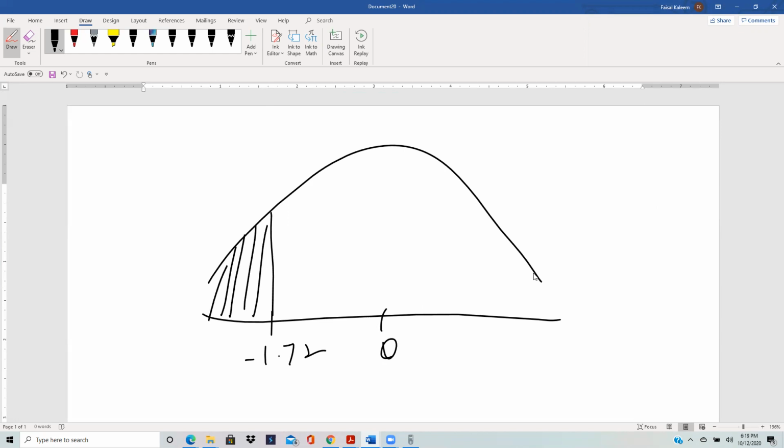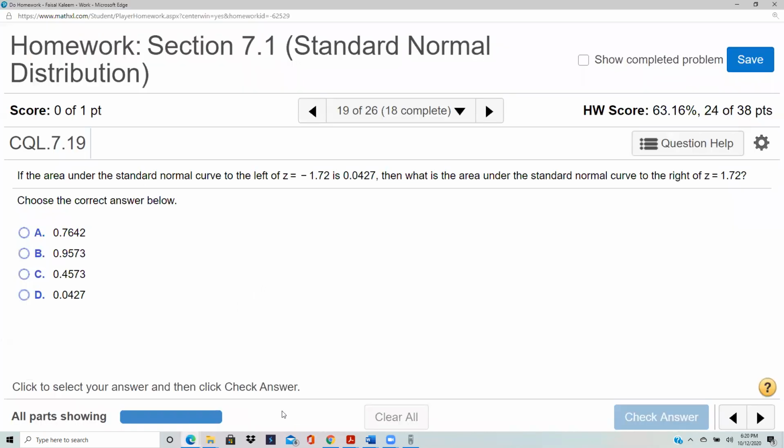They were asking how much area we have to the right of 1.72. So 1.72 is here. Therefore, by symmetry of the normal curve, we'll have as much area to the right of 1.72 as we had to the left of negative 1.72. So it's the same area, 0.0427.